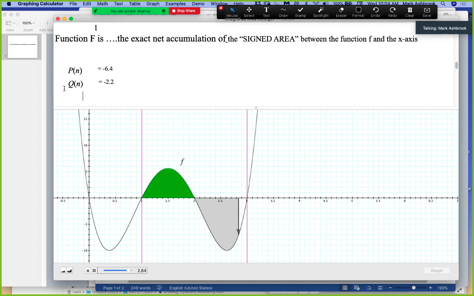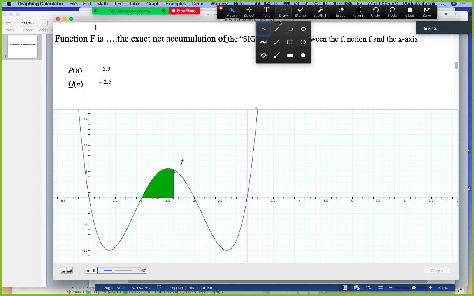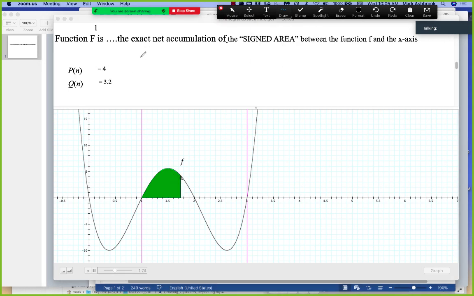As the numbers change, figure out what functions these are. What is p and what is q? Let's just give a moment for people to think about it.